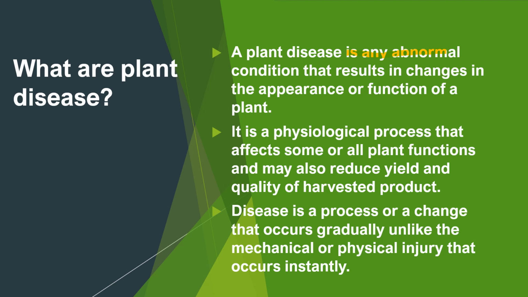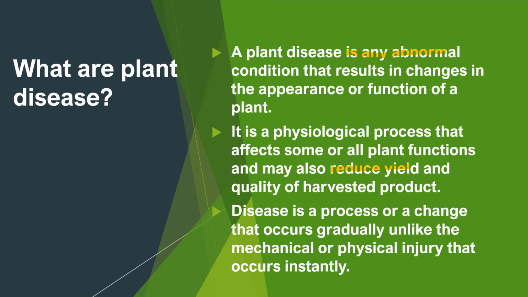Diseases are physiological processes and they may affect some part of a plant or the whole plant structure as well as function, and this ultimately may reduce the yield of that plant if it is a crop plant, and also the quality of the harvested product.